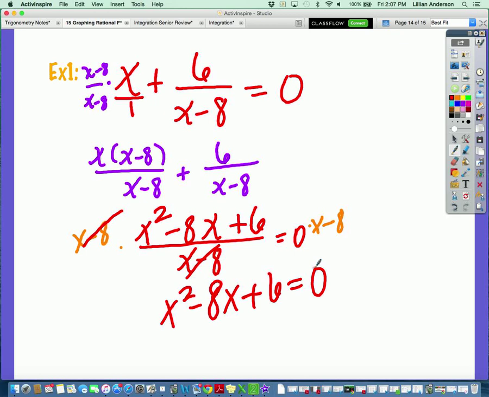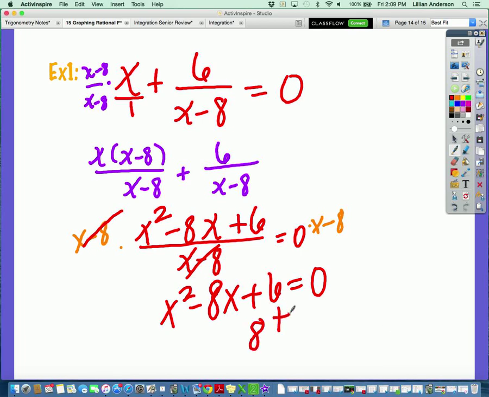And this is a nice quadratic that we can solve. Can I factor this? No, I can't. So I'm going to have to use what? The quadratic formula.